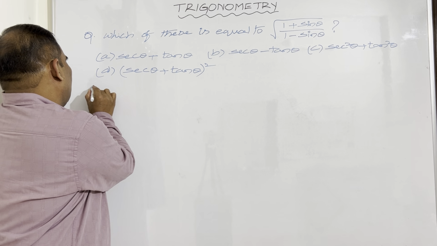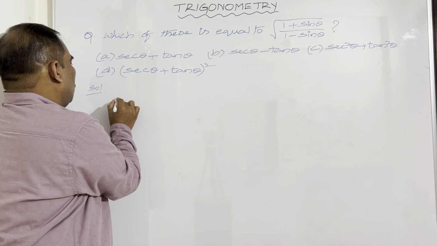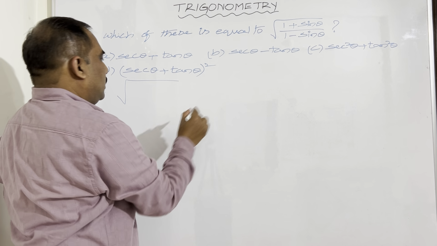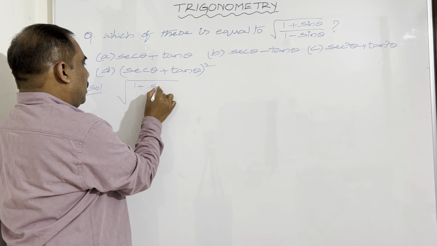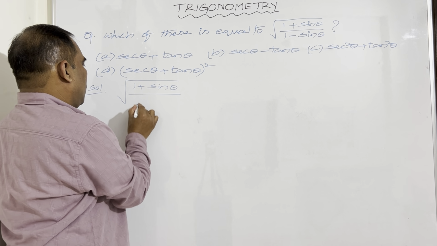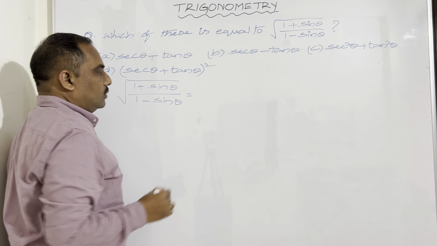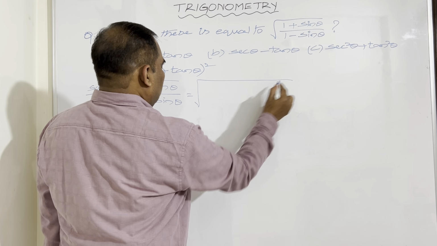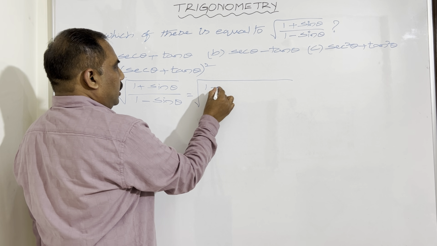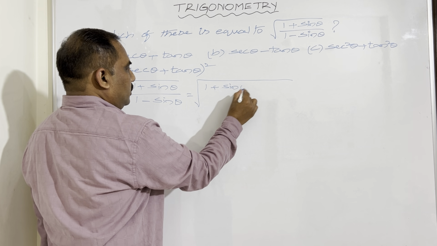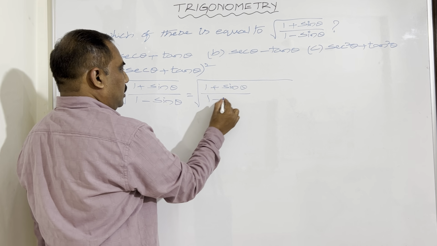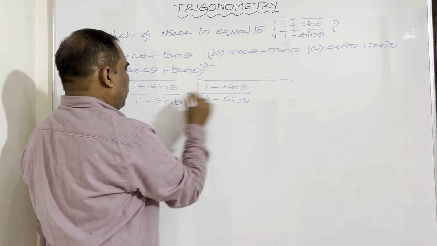Now taking the solution, root over 1 plus sin theta by 1 minus sin theta, we rationalize the denominator, which is 1 minus sin theta.